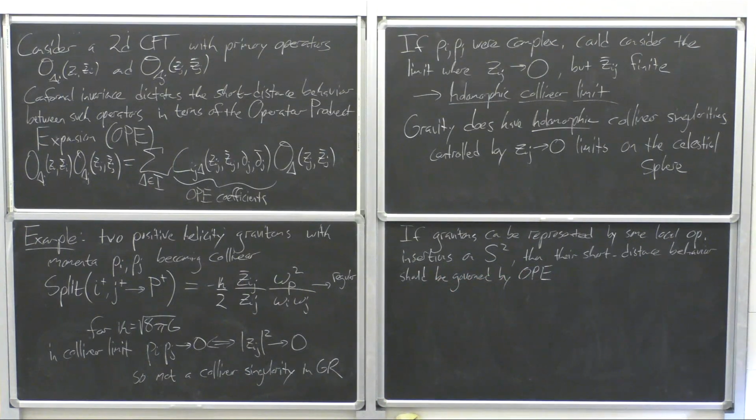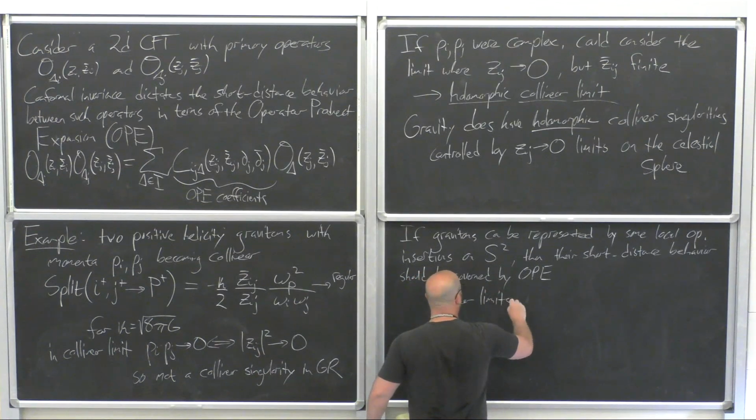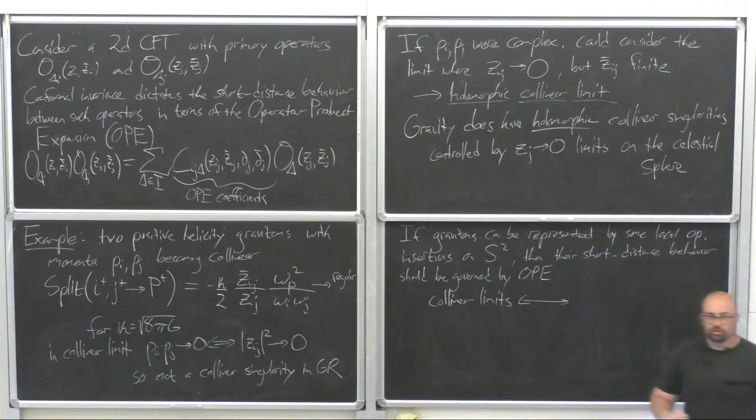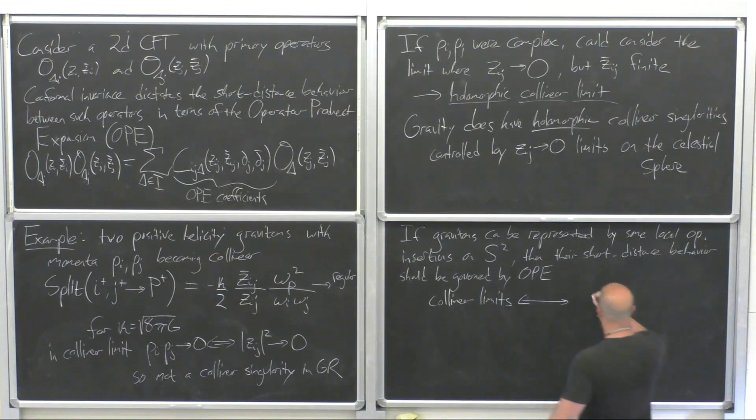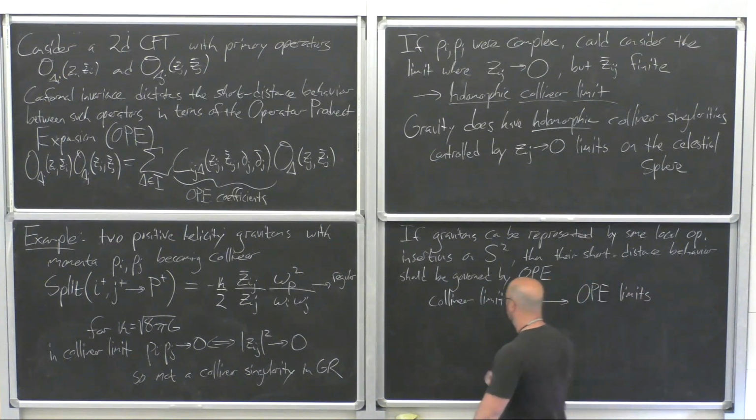But we already know that the short distance behavior on the celestial sphere corresponds to these collinear limits that we were talking about. So the idea is that collinear limits in momentum space should correspond to operator product limits on the celestial sphere, because they're both governed by Zij, Z bar ij going to 0.